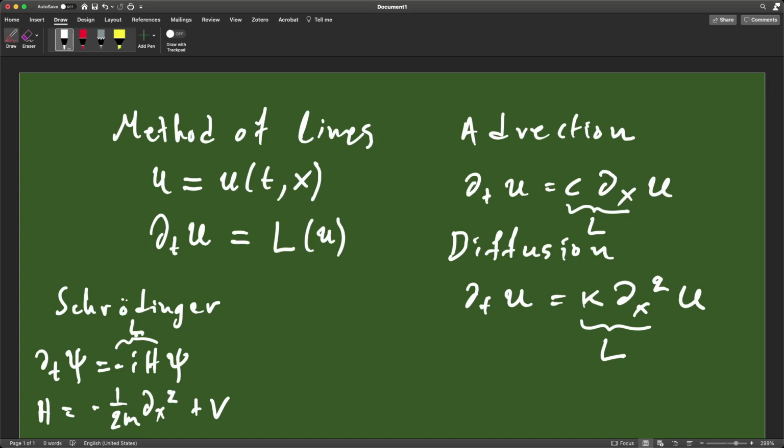Another example is the Burgers' equation. This is an example of a nonlinear equation. So this is of this form: partial t u equals minus 1/2 partial x of u squared. Because we have u squared here, in other words, this is minus 1/2 u partial x u.